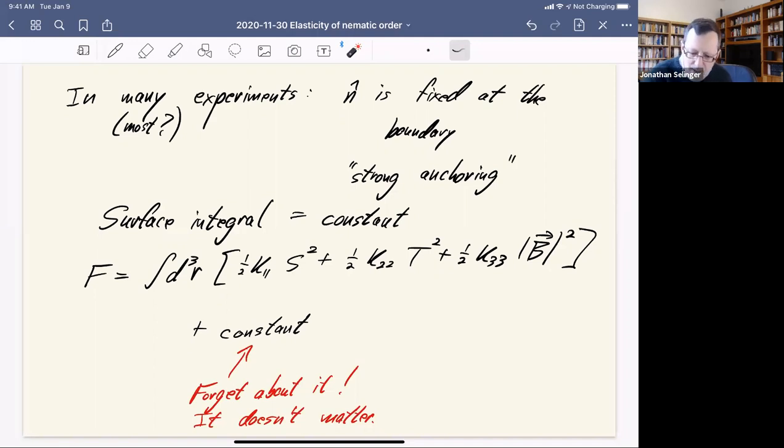Okay, I have one more brief remark, and then I'll stop for today. Okay, the extra brief remark that I wanted to make is related to splay and twist. You remember I described the twist deformation to you as a double twist.